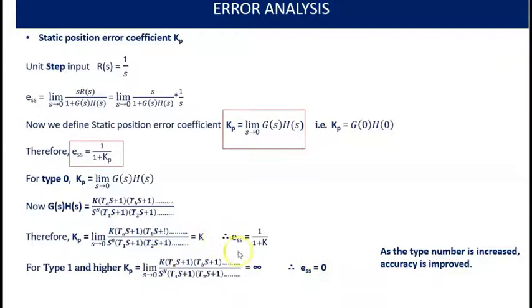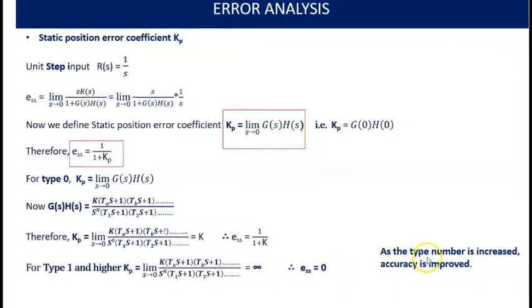So, what about the steady state error? For type 0, there is a finite amount of steady state error, that is 1 by 1 plus K. For type 1 and higher, there is no steady state error.